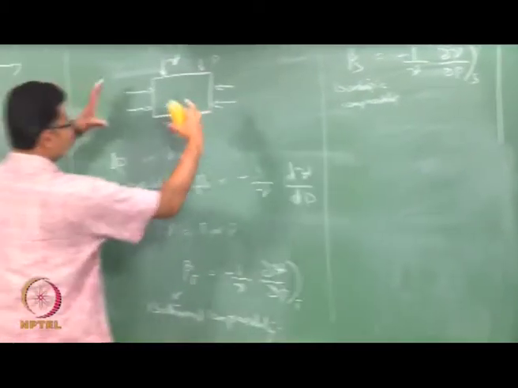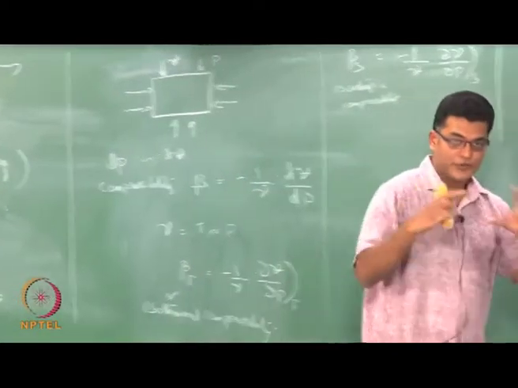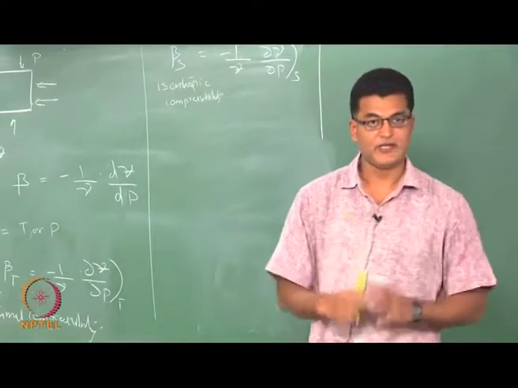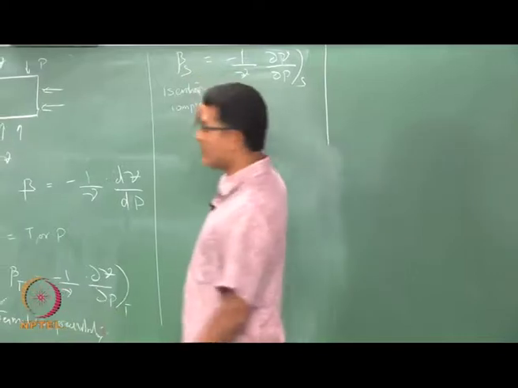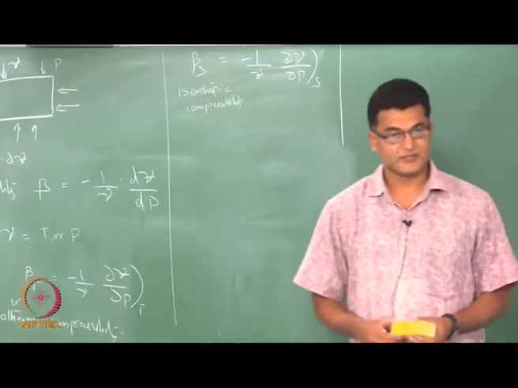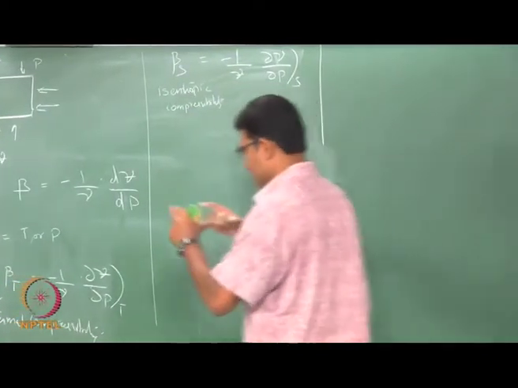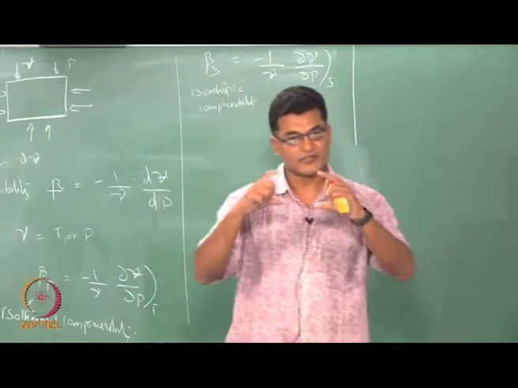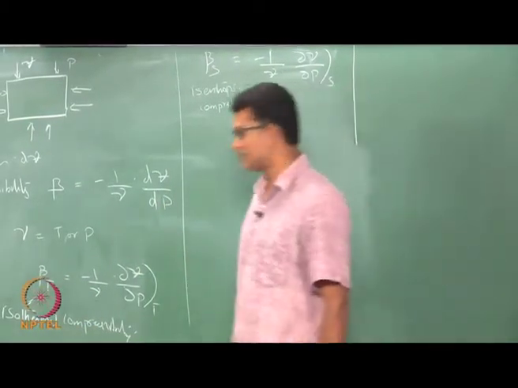So, if I attain this volume change due to pressure at constant entropy, then that compressibility is defined as isentropic compressibility. Okay. If I attain that change in volume due to pressure at constant temperature, it is called isothermal compressibility.